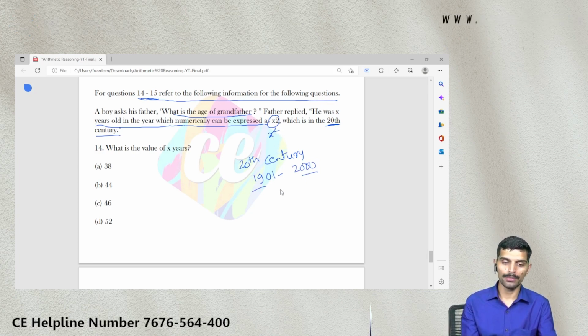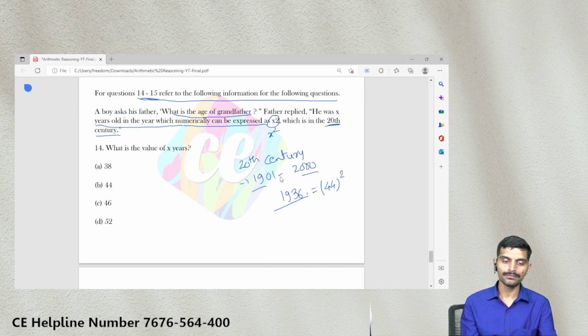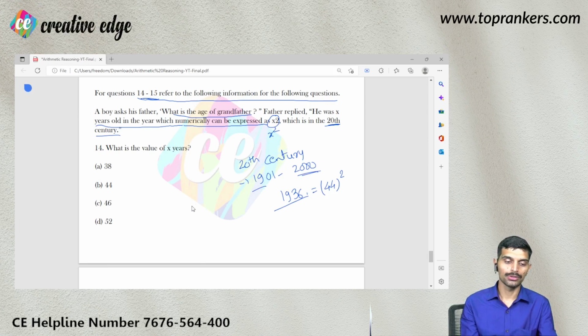In this range there is only one perfect square, and that is 1936, the perfect square of 44. How can we determine that? We already know that 40 square is 1600 and 50 square is 2500.